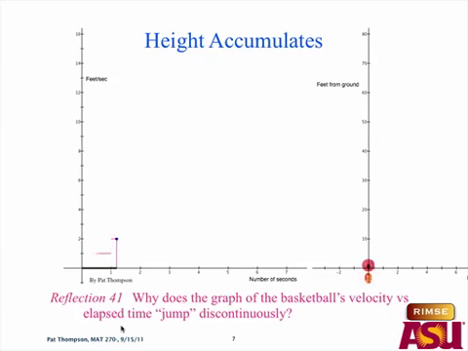Why does it jump discontinuously? Ashley? Like it's never moving at a speed between 1 and 2 feet per second. Okay. It's just moving at 1 foot per second, or 2 feet per second, or 3 feet per second. Right, so there needs to be this jump from one speed to the next.